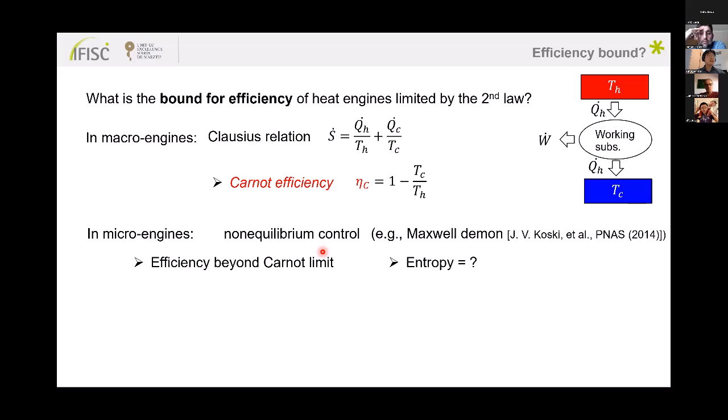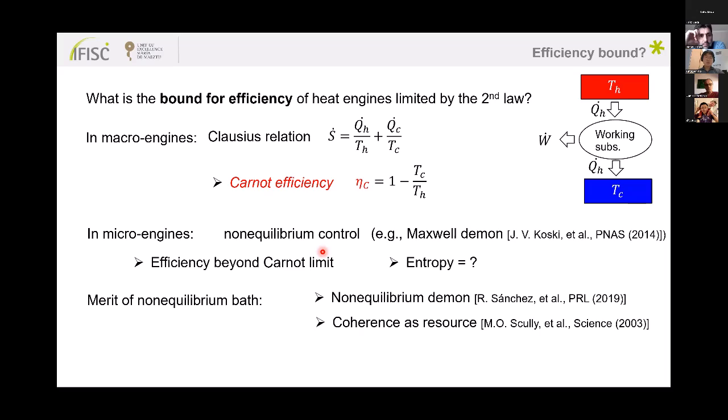In this type of device, it is important to identify the proper entropy production. And there are also limits when you drive the bath out of equilibrium. For example, as shown in these two works, Rafael Sanchez and Robert Whitney showed a non-equilibrium demon and efficiency beyond the Carnot limit, and also Scully, in this pioneering work.